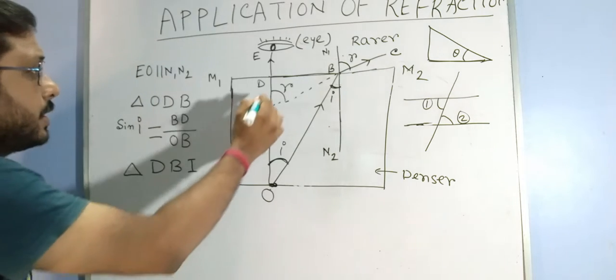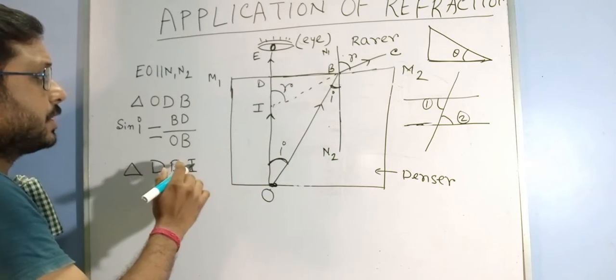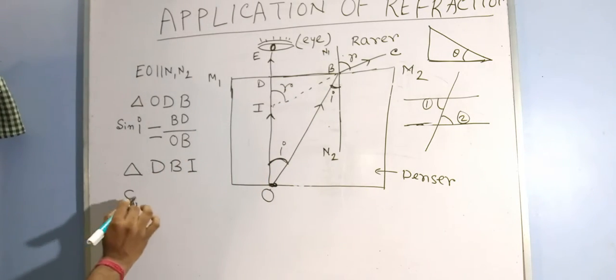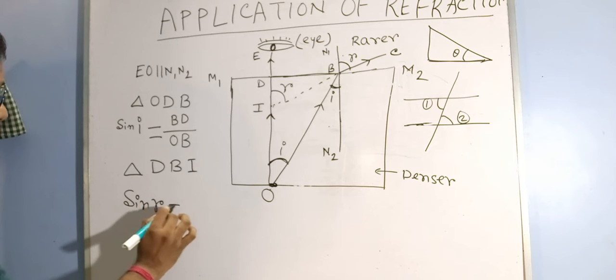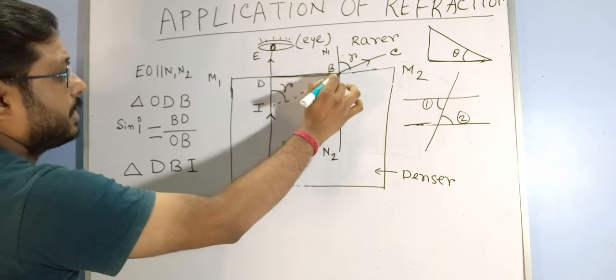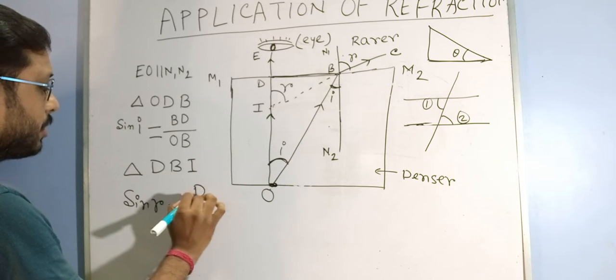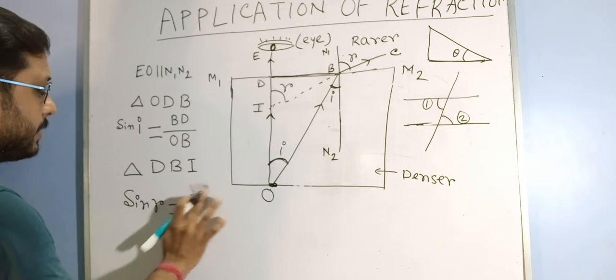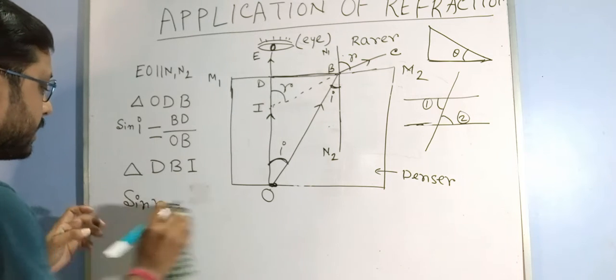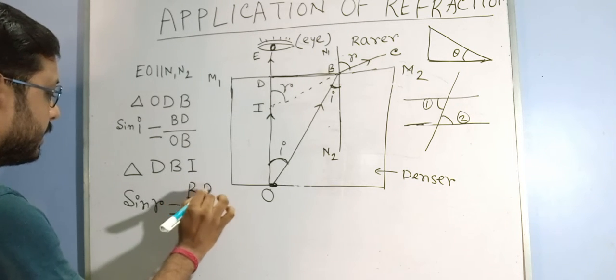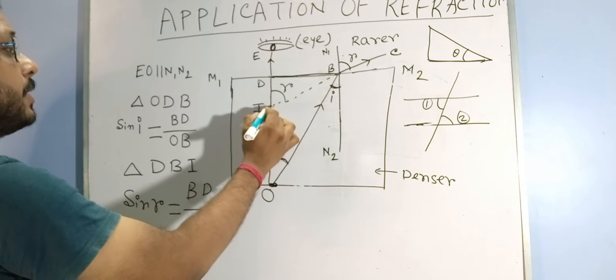Now, for DBI, we get sine R. That is also, this is the perpendicular and this is hypotenuse. That is DB or BD divided by BI.